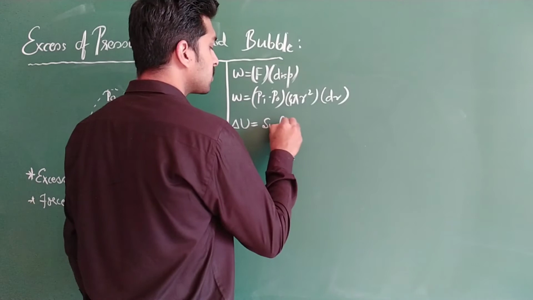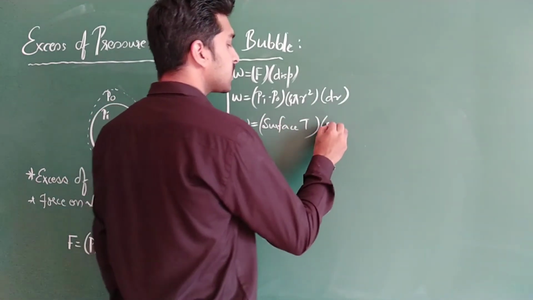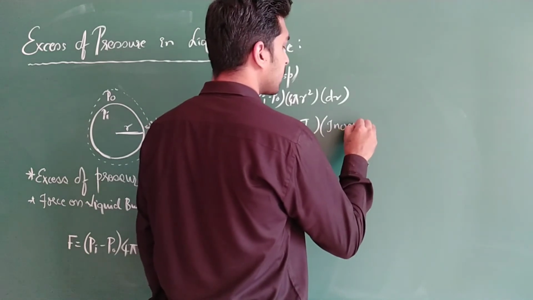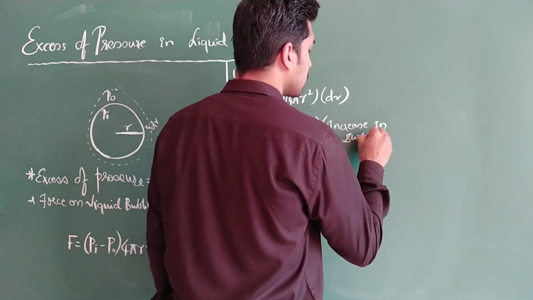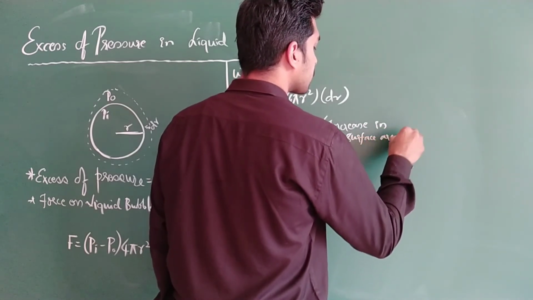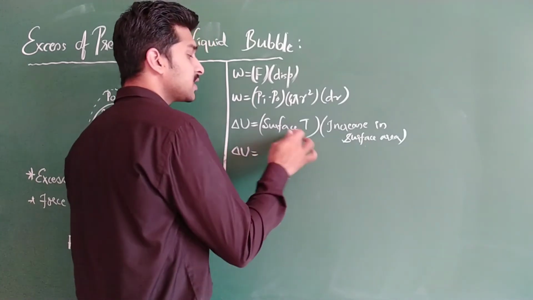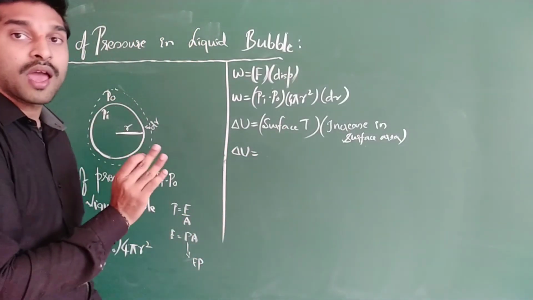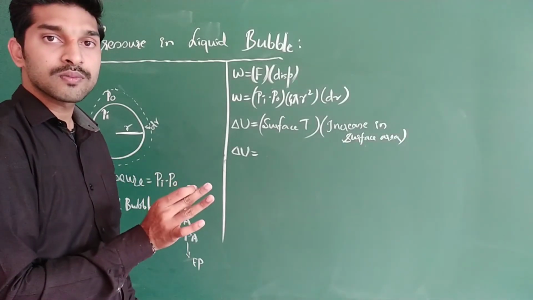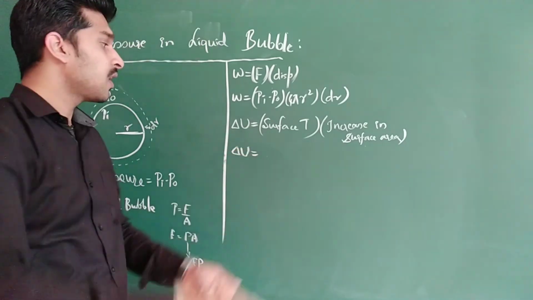So if I write potential energy, delta U is equal to surface tension into increase in surface area. So delta U is equal to what is the surface tension for a liquid bubble? Listen, a liquid bubble will have two free surfaces, basically two faces: one is the inside face, one is the outer face.